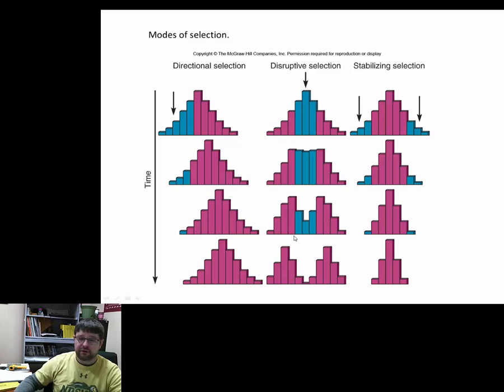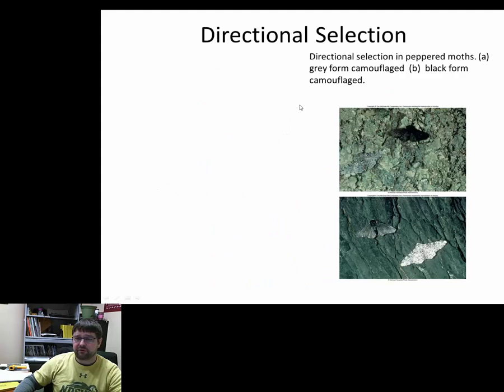Eventually you get the extremes on both ends and nothing in between. Disruptive selection, if carried on long enough, will typically result in speciation, because eventually the extremes won't recognize each other and they won't mate. And then you have stabilizing selection, where the extremes are selected against and the intermediates are the ones that prevail. So we'll look at some examples.